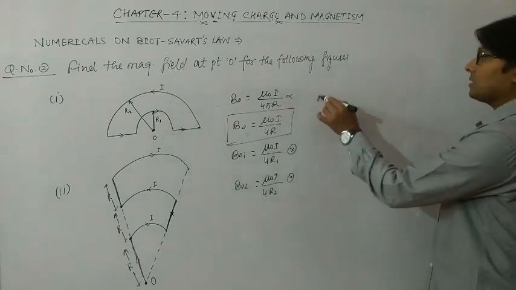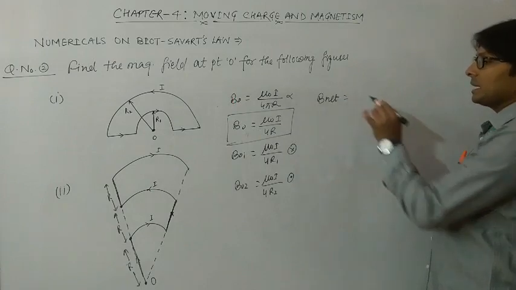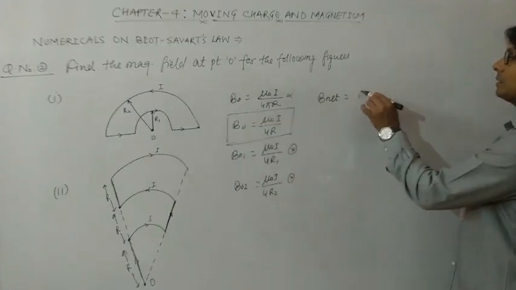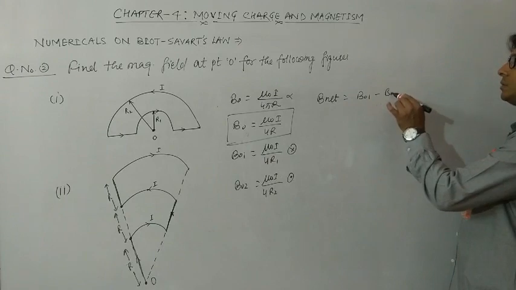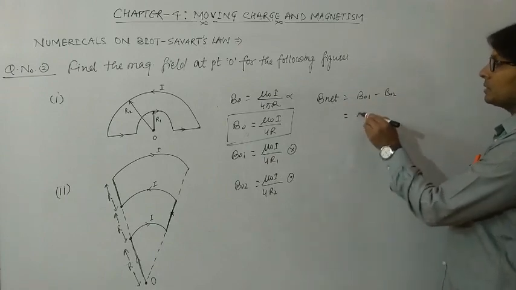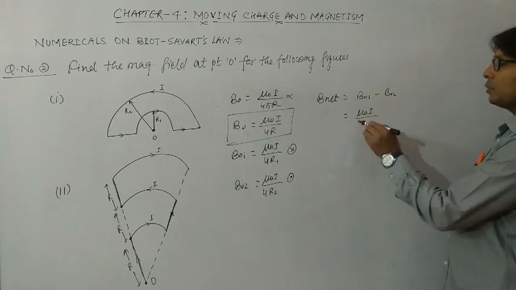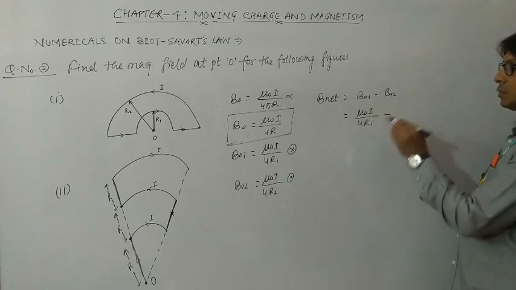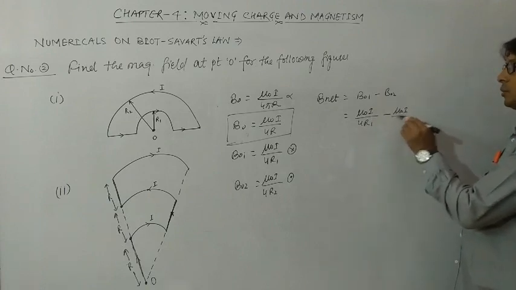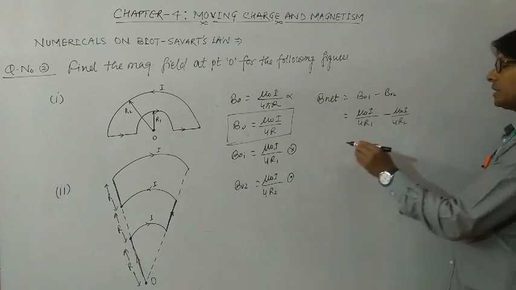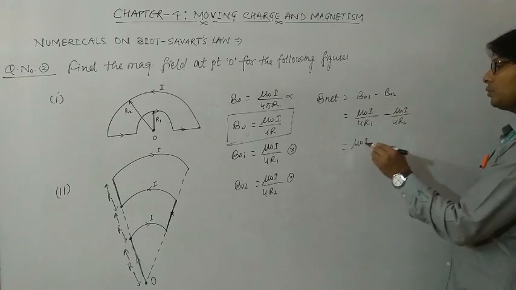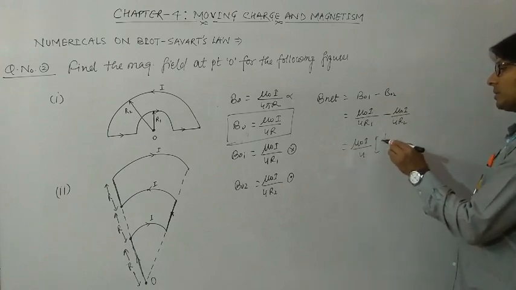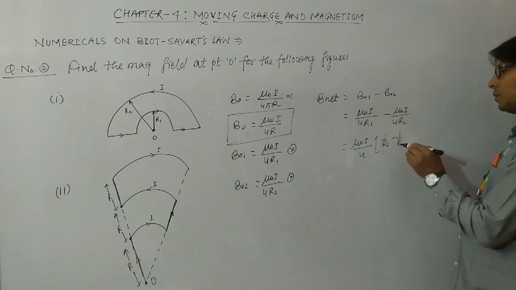So the net magnetic field we can write as B01 minus B02. B01 is mu 0 I upon 4 R1 and B02 is mu 0 I upon 4 R2. We can take mu 0 I upon 4 as common, so it becomes 1 upon R1 minus 1 upon R2.